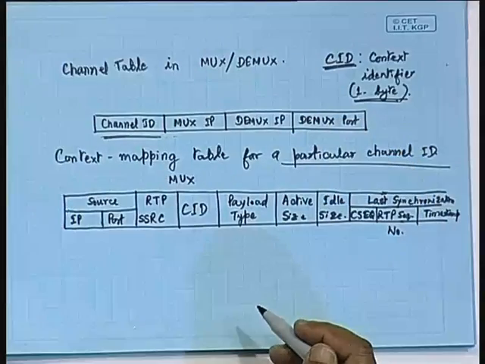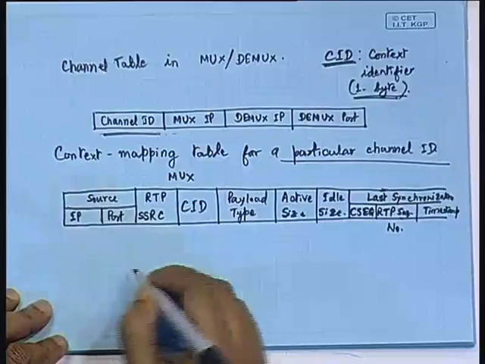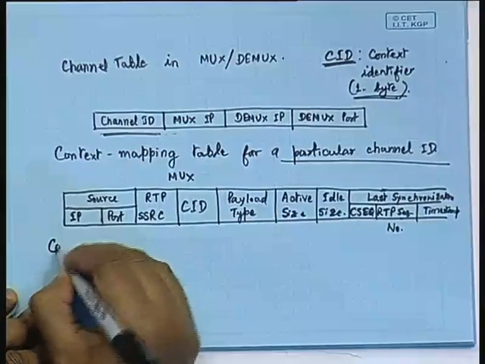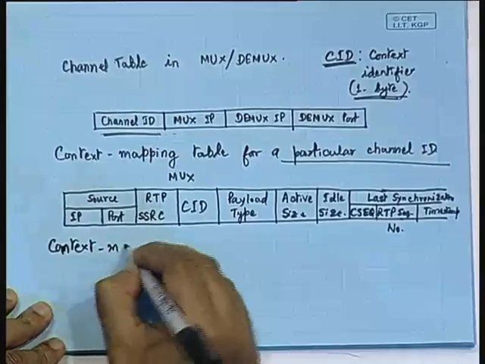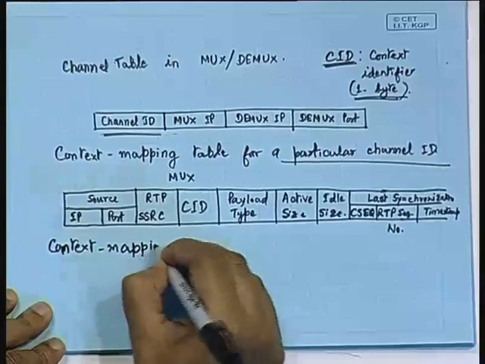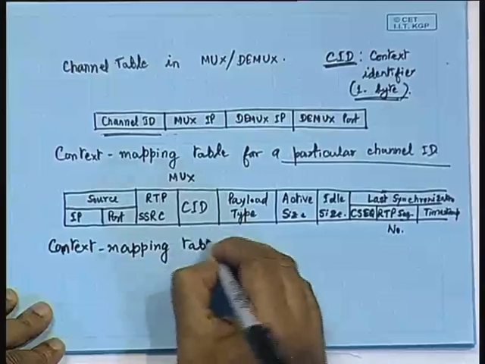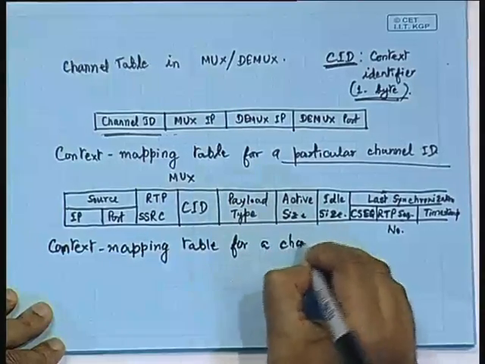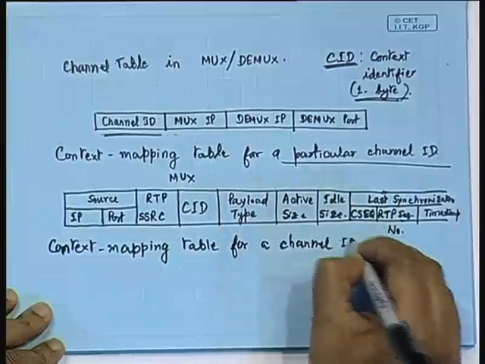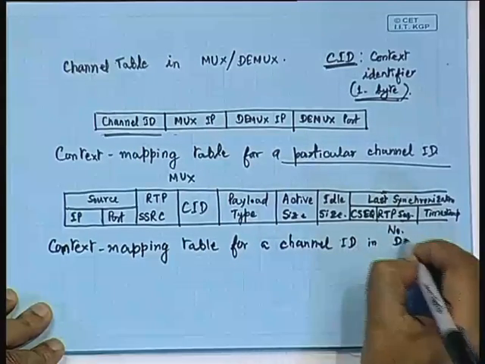Now once the demultiplexer receives it, the demultiplexer has to consult a very similar context mapping table which goes like this. So, the context mapping table for the demux goes like this. This table is also for a particular channel ID in the demux.